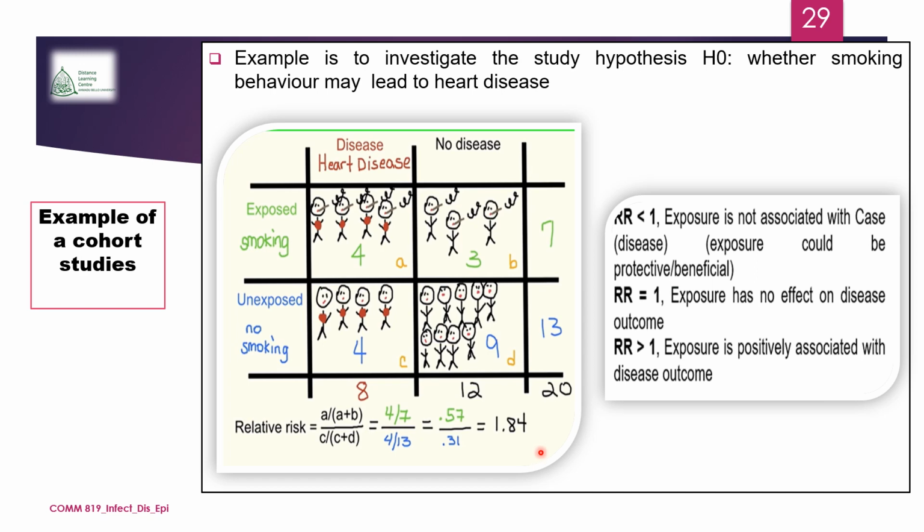The relative risk of developing heart disease is 1.84 times higher in smokers than non-smokers. So that is the interpretation.